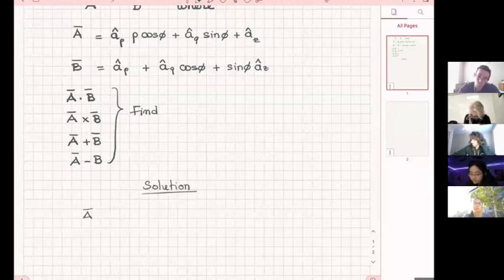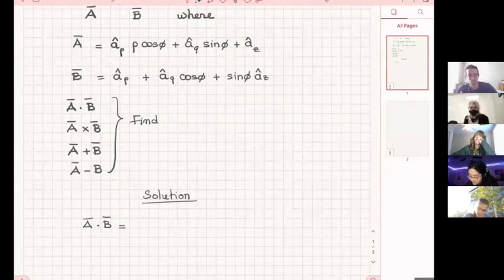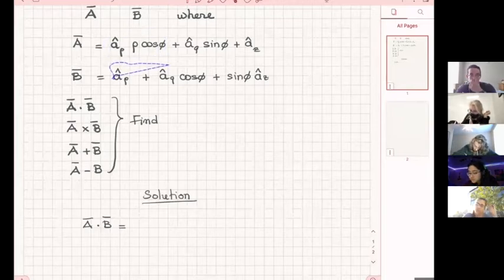A dot B. How are we going to do that? We'll take the rho component of one and then find the product with the rho component of the other.